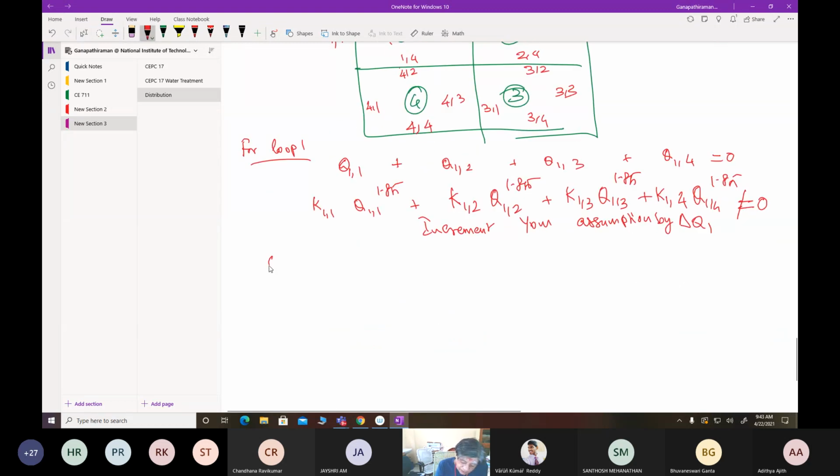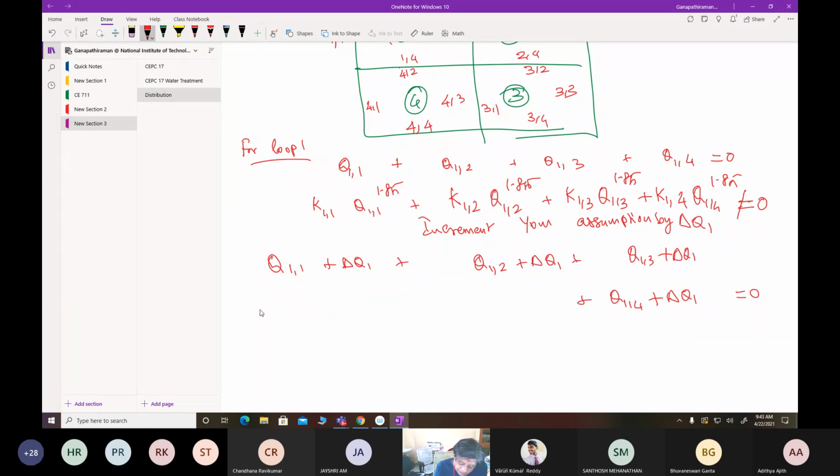So what will happen? The new flows will be Q11 plus delta Q1, Q12 plus delta Q1, Q13 plus delta Q1, Q14 plus delta Q1, and this is equal to 0 if you algebraically add it.